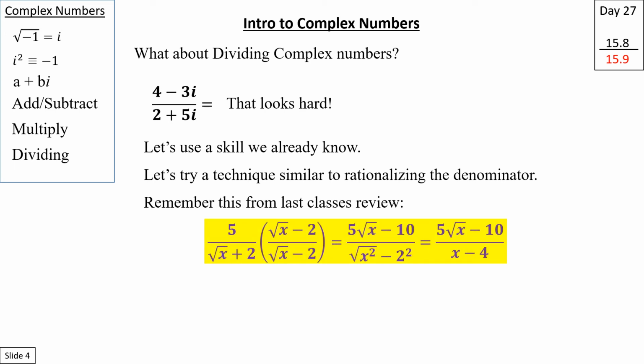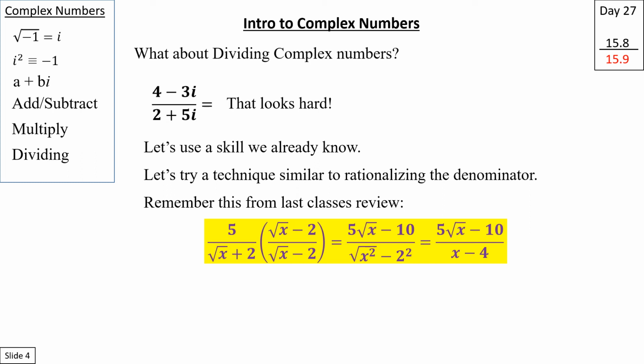5 over root x plus 2. To rationalize it, we just took that plus sign in the denominator in front of the 2, changed it to a minus sign, and put it on top and bottom. So we multiply the top and the bottom both by root x minus 2. Because what that does in the bottom is it creates a difference of two squares, and we end up with x minus 4.